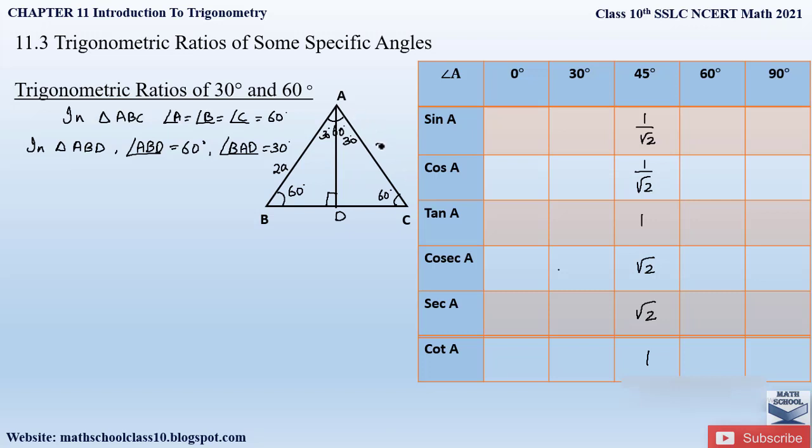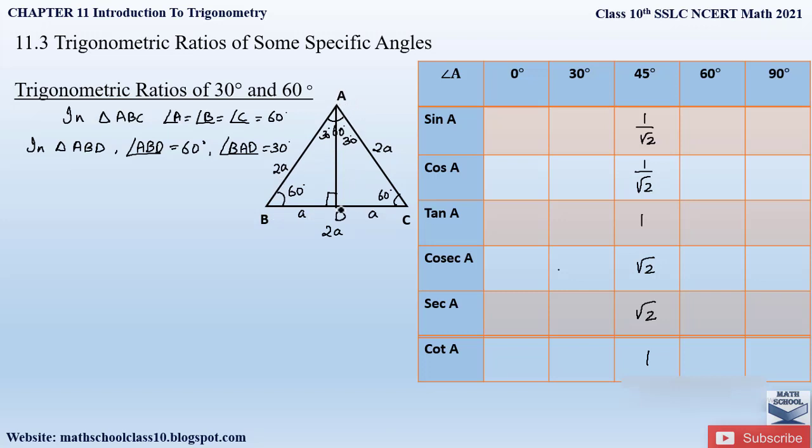Then side AC will also be 2a and side BC will also be equal to 2a. Now since we have drawn a perpendicular AD, this perpendicular AD will divide the side BC into two equal sides, right? So our BD will be equal to a and also DC will be equal to a. Now in the right angle triangle ABD, we know two sides. We know AB side is 2a and BD side is a.